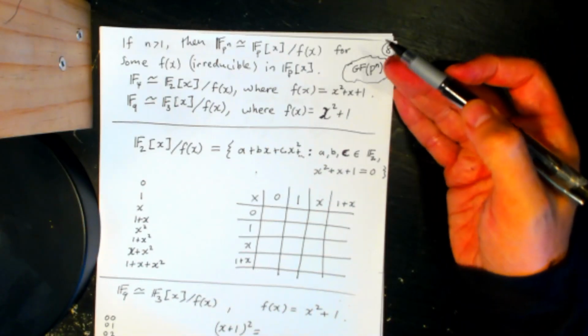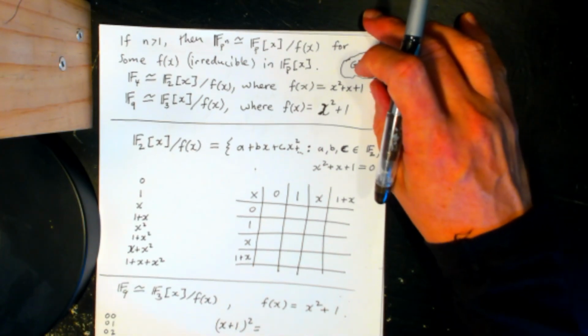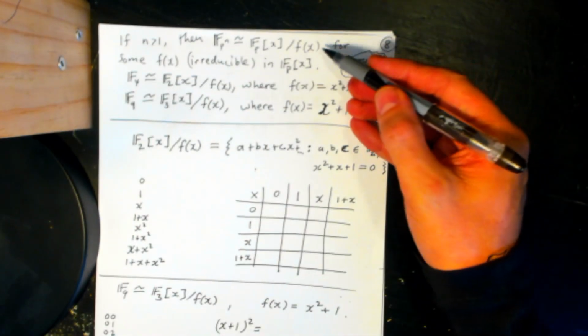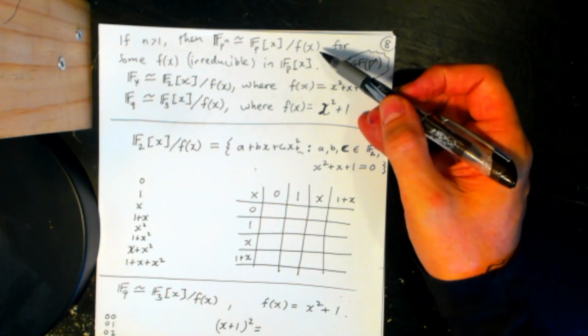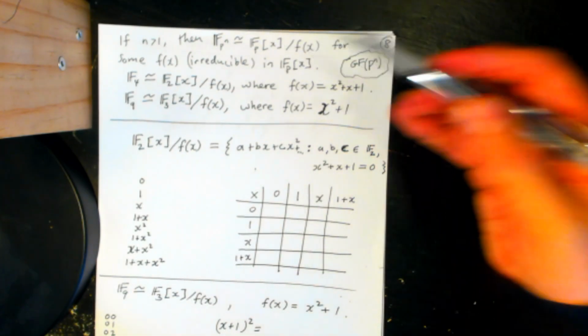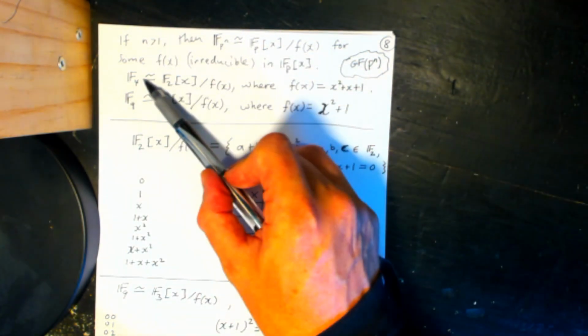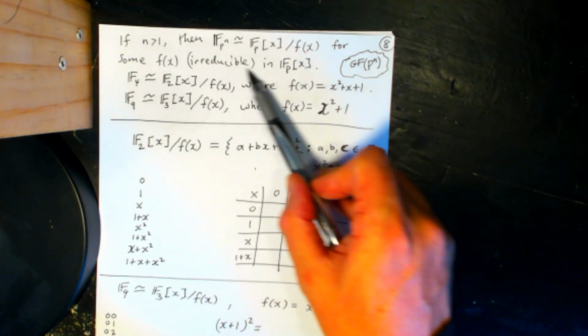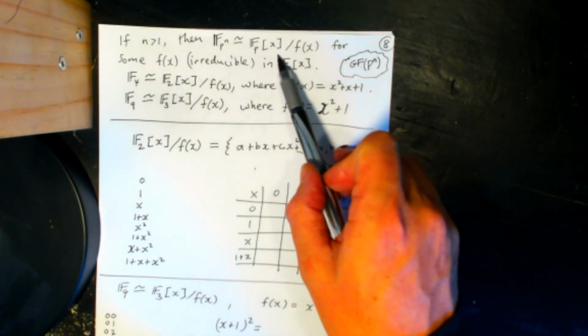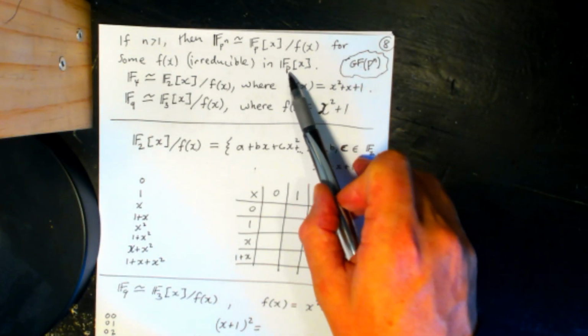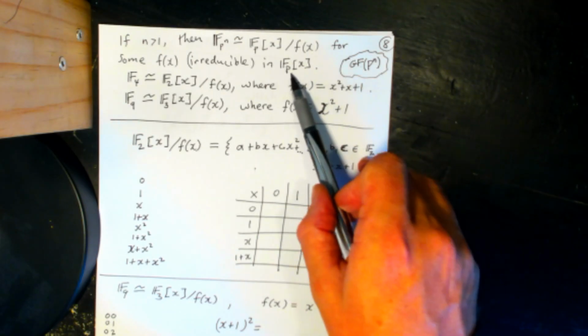So that's the basic, I guess, loose way of describing what's going on here. You're reducing modulo a polynomial. So, for some f of x that is irreducible in this ring of polynomials here.